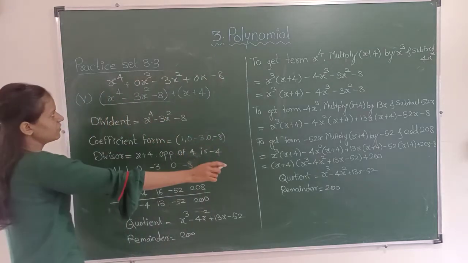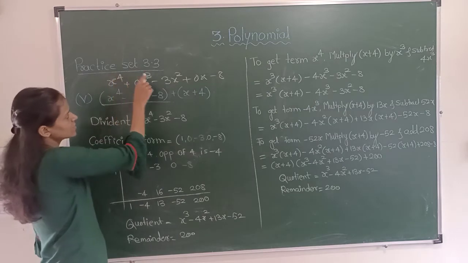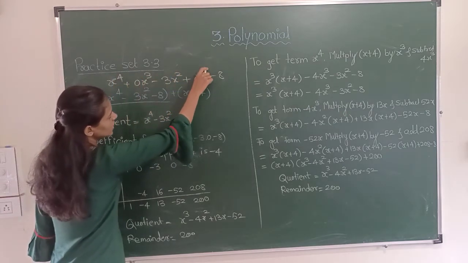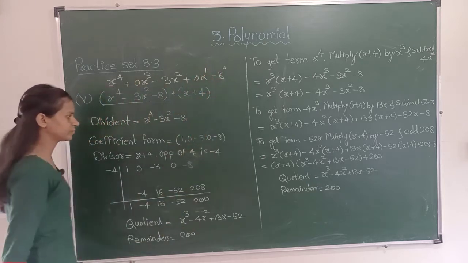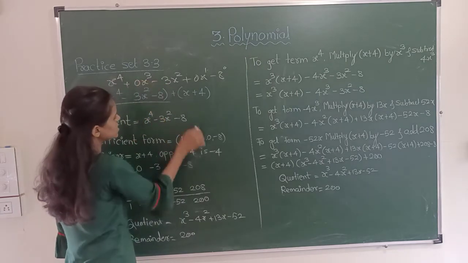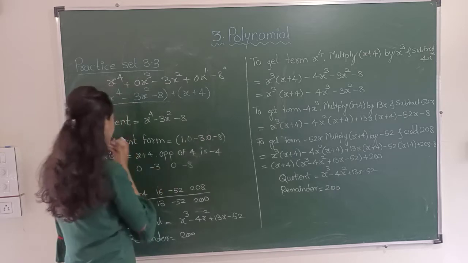This is the descending form of the polynomial powers. It is x raised to 4, x raised to 3, x raised to 2, x raised to 1 and x raised to 0. Okay. So the coefficient form is 1, 0, minus 3, 0 and minus 8.